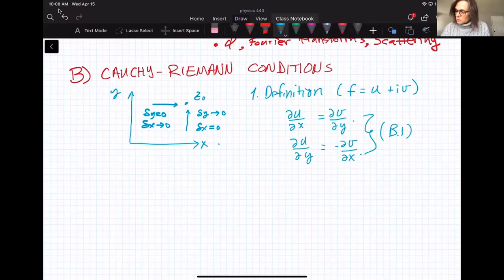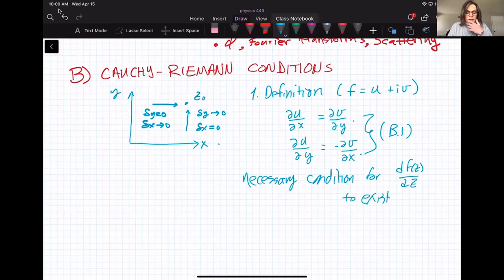These are the conditions, or this is the necessary condition, for df of z dz to exist and be well defined.